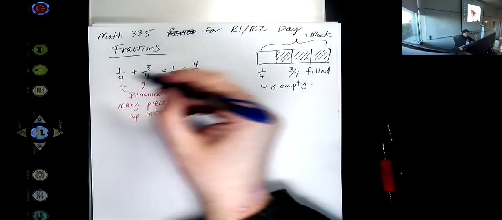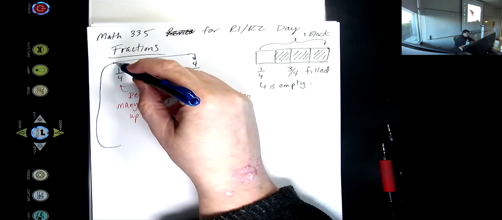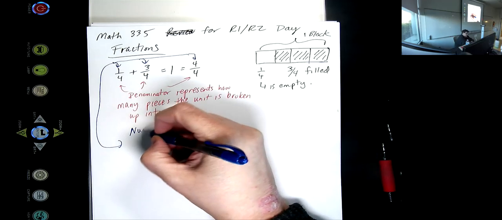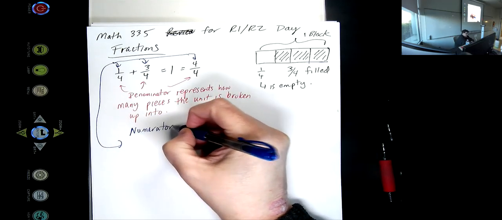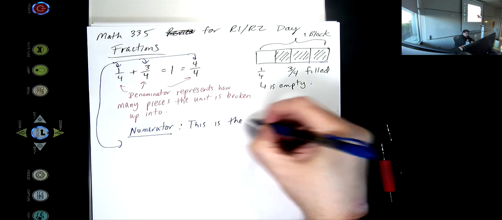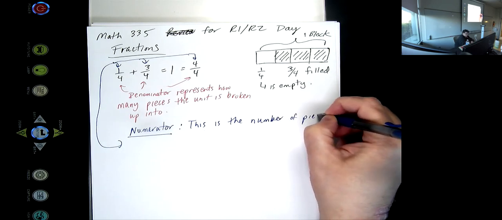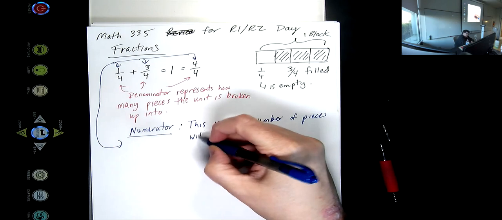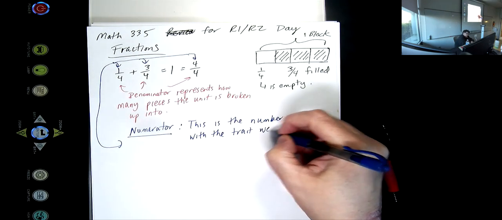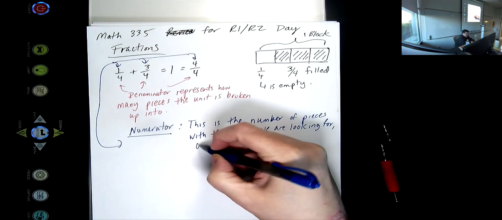And the number on top, I'll point at them each individually because I didn't give myself room earlier, is called the numerator. And this is the number of pieces with the trait we're looking for, or how many are selected.